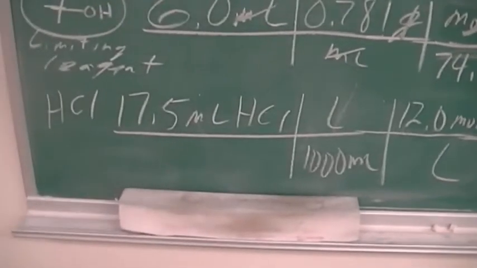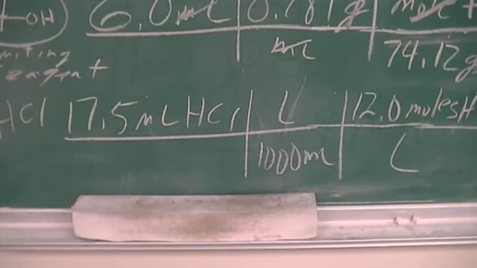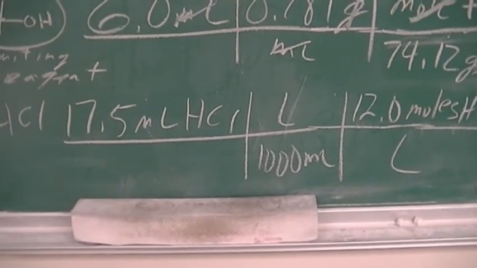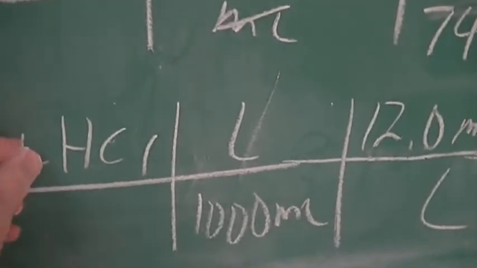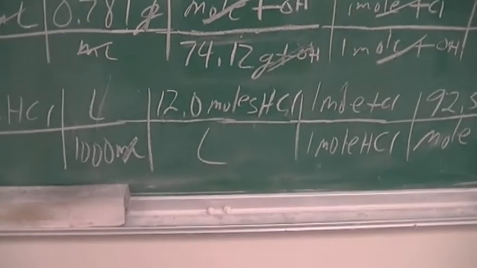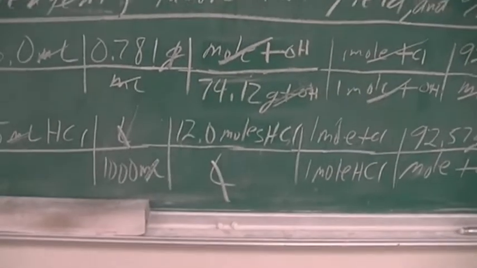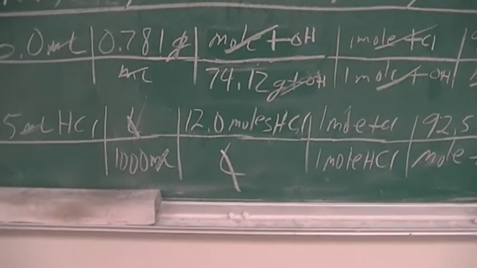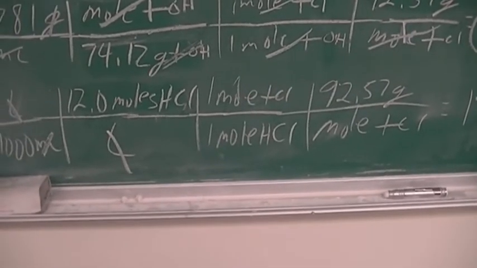And so you take your 17.5 milliliters of HCl, and then you just convert it to liters by dividing it by 1,000. So now we have liters of hydrochloric acid as the milliliters cancel. And now you can multiply that by the molarity of your concentrated HCl, which is 12 moles per liter. And now your liters cancel, and you have moles of hydrochloric acid. Again, everything in the overall reaction had a 1-to-1 mole ratio.